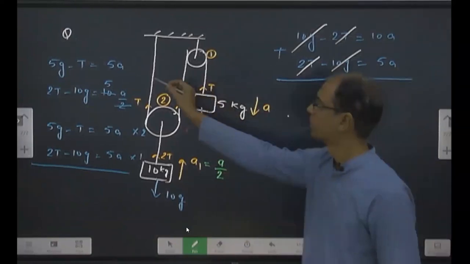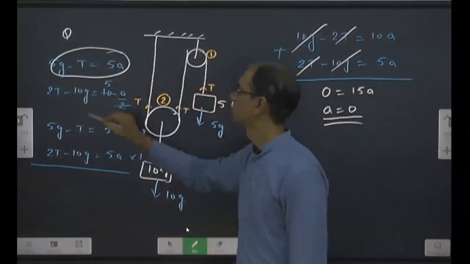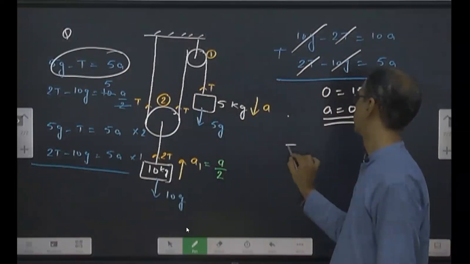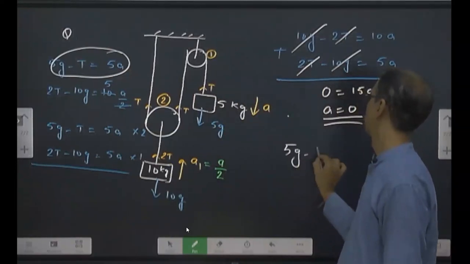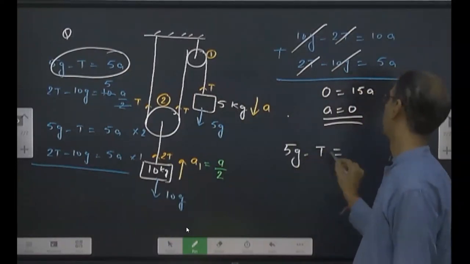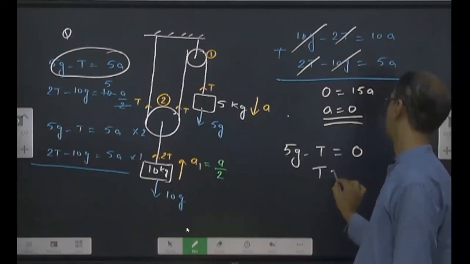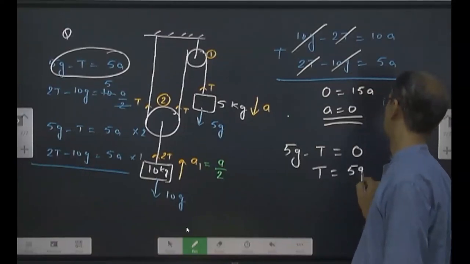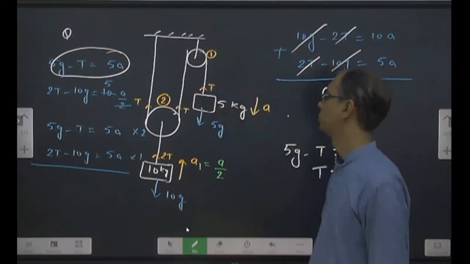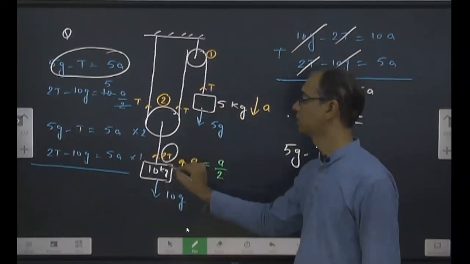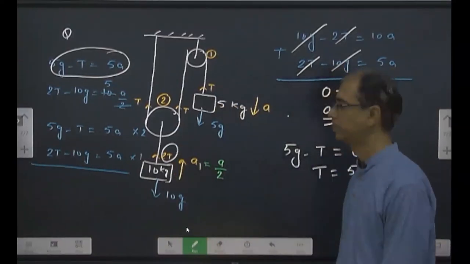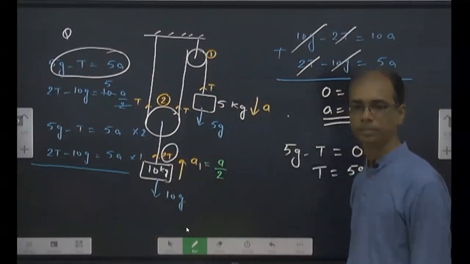So let's put acceleration 0. So 5g minus t equal to 5a. That means 0. So that means tension is 5g. So in this one tension is 5g and in this one tension is 10g because tension is double.